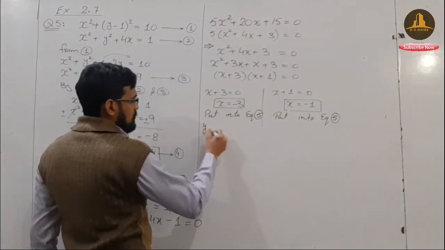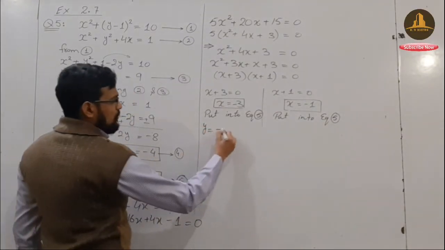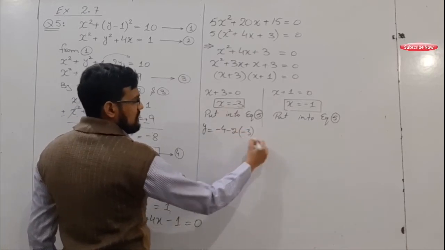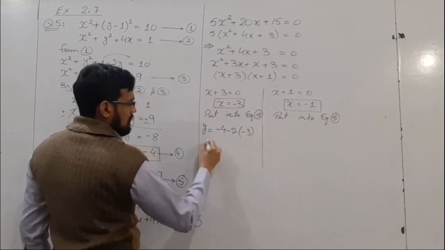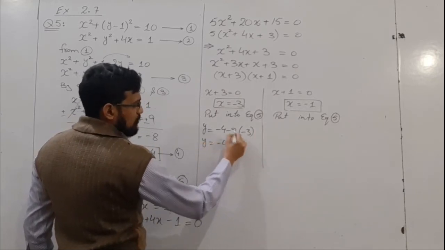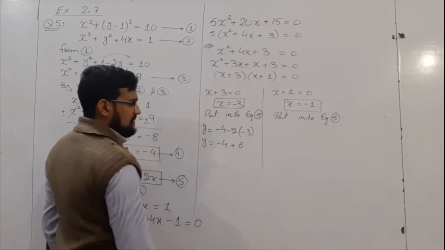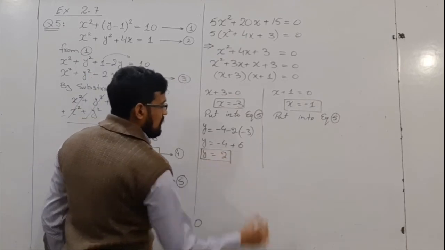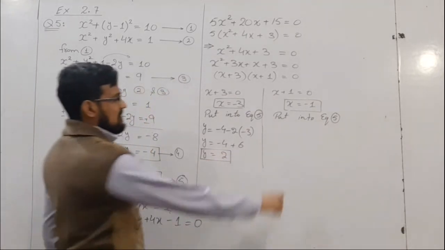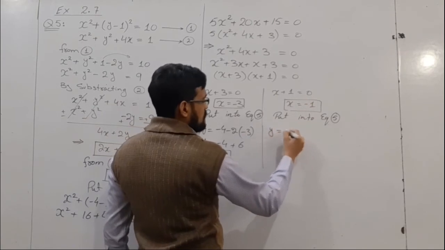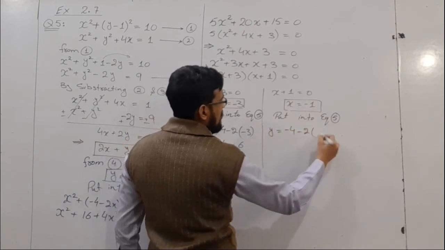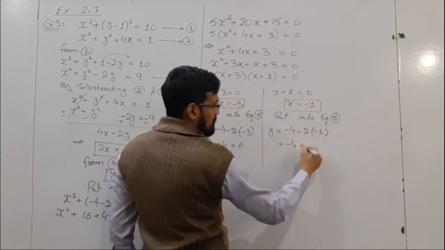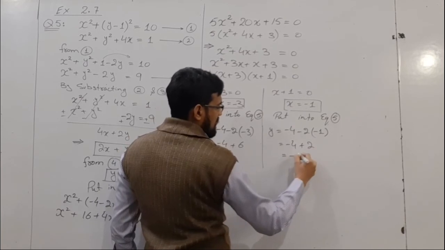So y is equal to minus 4 minus 2x, and x is equal to minus 3. Minus 4 plus 3 twos are 6, and finally y is equal to 2. Similarly here, y is equal to minus 4 minus 2x, and x is equal to minus 1. Minus 4 plus 2 gives minus 2.